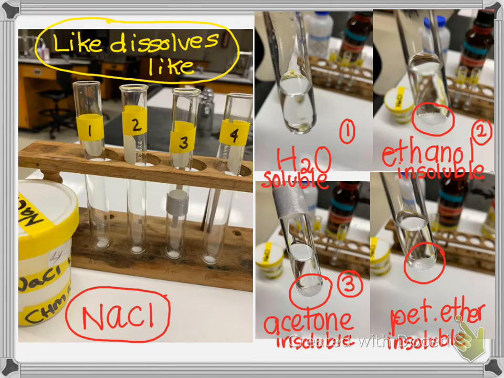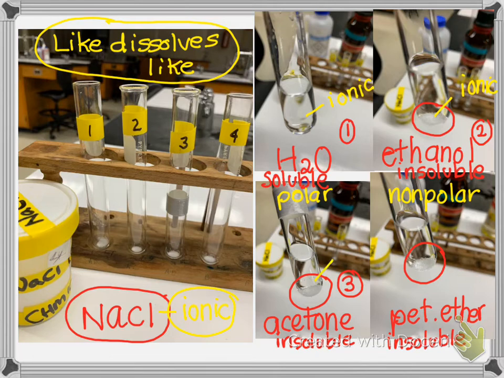The sodium chloride, this is ionic. Okay. Ethanol is what we would call nonpolar. And salt is ionic. And so ionic and nonpolar are not alike, so they don't dissolve.